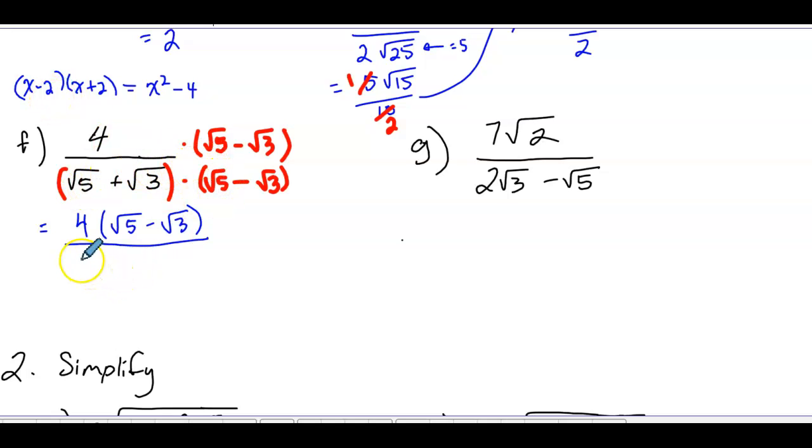You get root 25, which is 5, the first term squared, minus root 15 plus root 15, which goes away, and then minus root 9, which is 3. Okay, so that's your perfect square, and that's your perfect square. So now you can, again, I'm not going to expand out because I notice here 5 minus 3 is going to give me 2, which goes into 4.